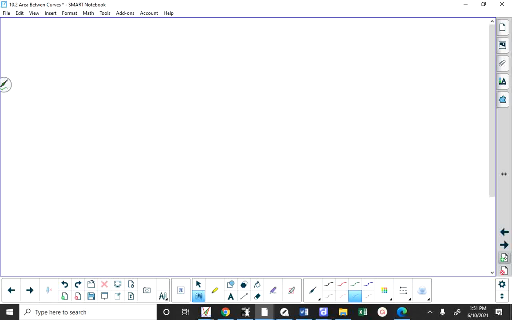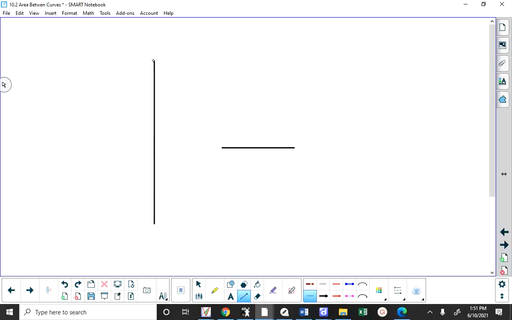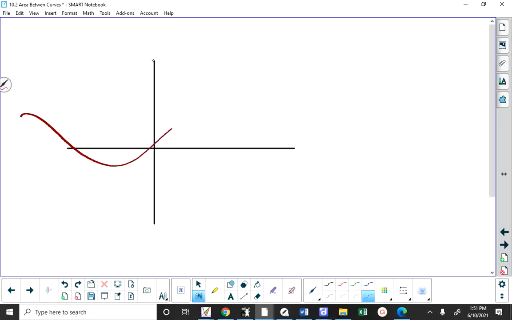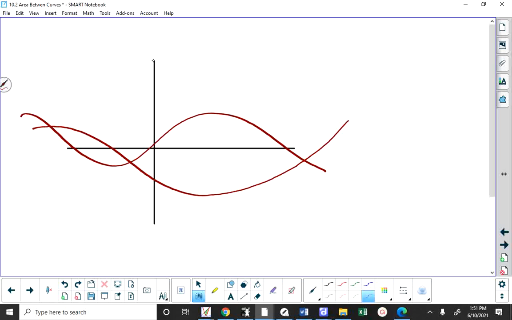And the reason is, I don't care where this stuff is. If it looks like this, and I ask you to find the area between those two functions, you're still going to go upper minus lower.